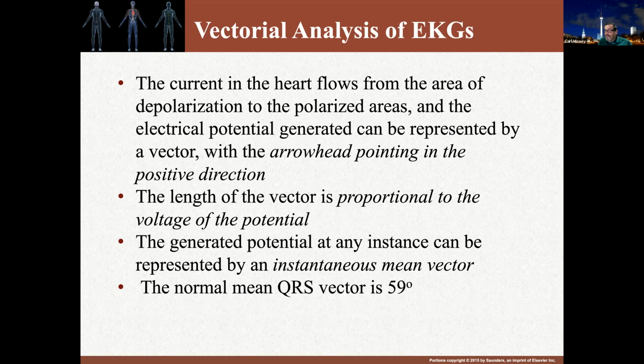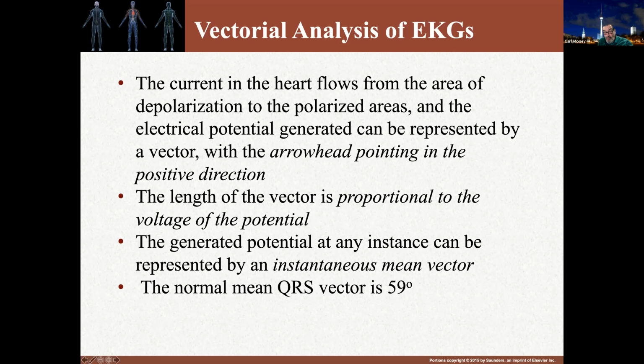And when we draw these, we have the length of the vector be proportional to the voltage of the potential. So we set some standard, and then if we're measuring several different potentials, they're relative. The generated potential can therefore be represented at any given instant by an instantaneous mean vector.